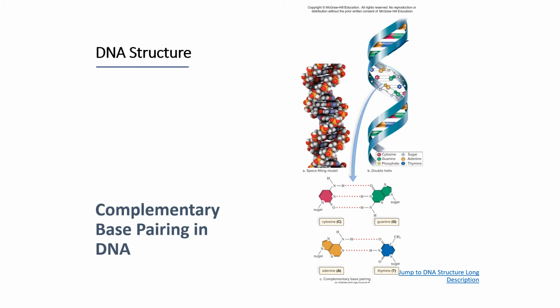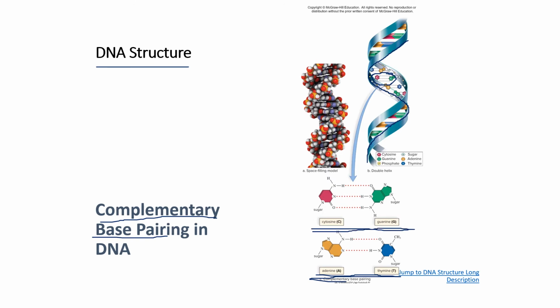These blue ribbons here are the sugar phosphate backbone. In the middle here you can see the bases hydrogen bonding, and that's why I was talking about the complementary base pairing. So since this is DNA, they're going to show adenine with thymine and cytosine with guanine.